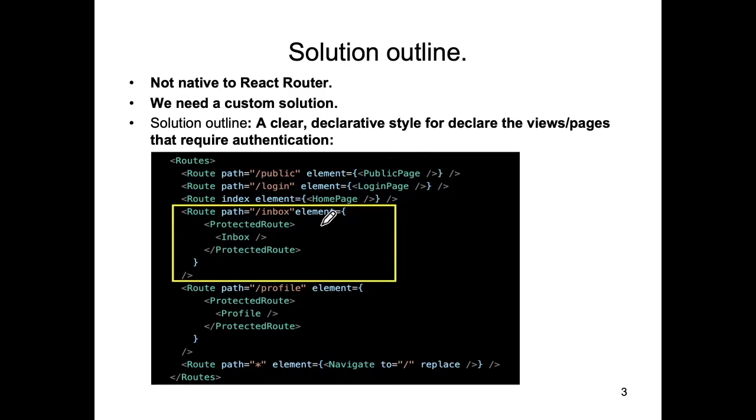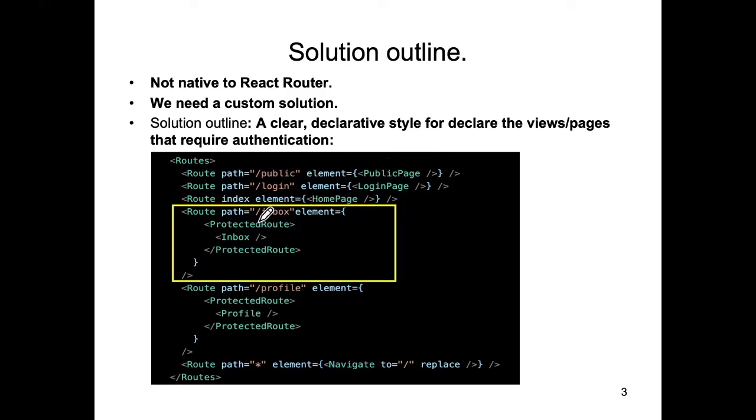But from a clarity point of view, I hope you'd agree that it is kind of clear that the /inbox seems to be telling us that it is a protected route, and our understanding of protected route means you have to authenticate. We'll assume that we take that meaning from it.